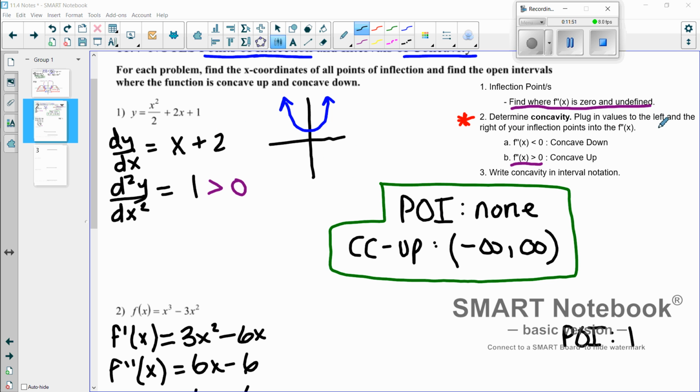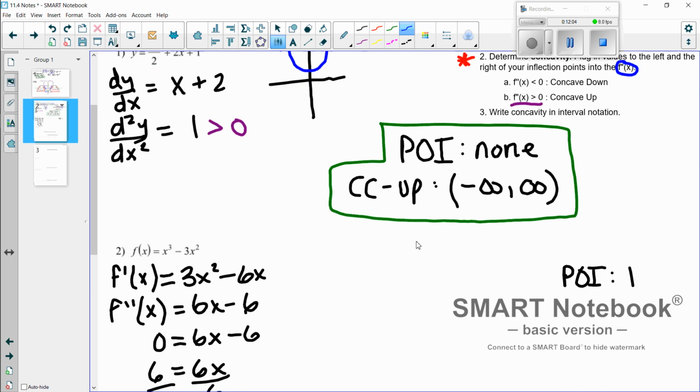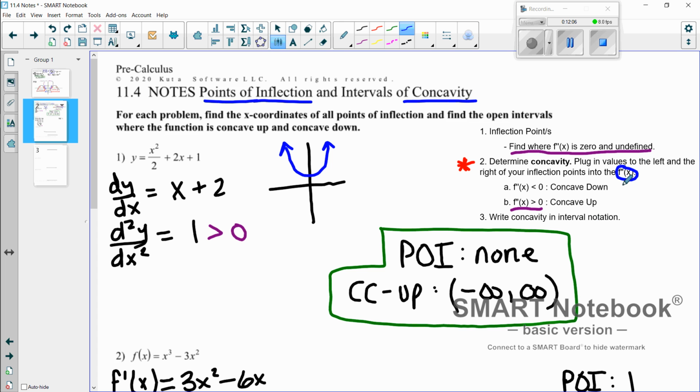Plug in values to the left and the right of your inflection points into the second derivative. Now this is key. You don't want to forget this. When we're doing this next part, we are plugging values back into the second derivative.